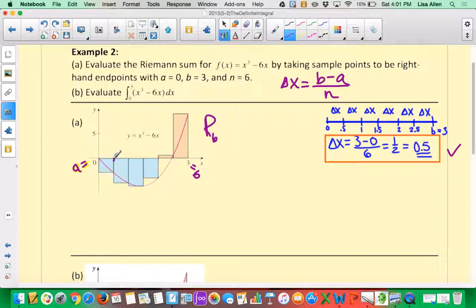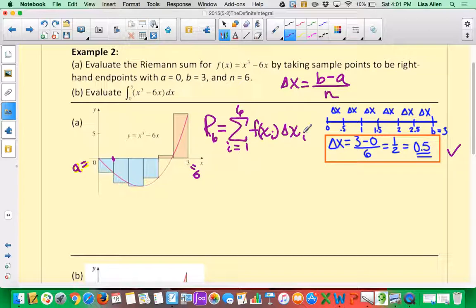So we'll be starting with the function value after the first subinterval. R6 is equal to the summation from i equals 1 to 6 of f of x sub i times delta x sub i.